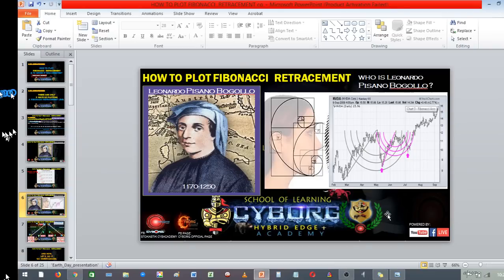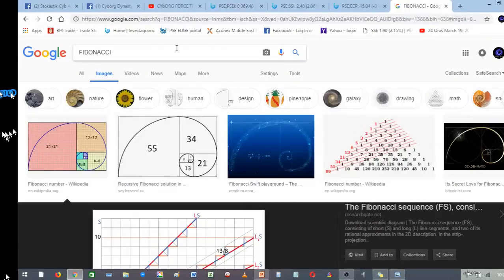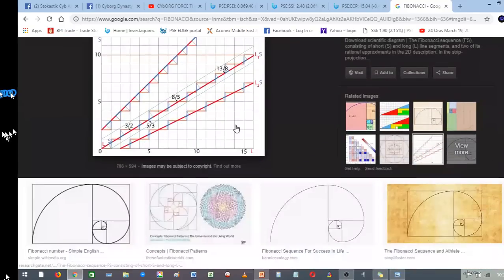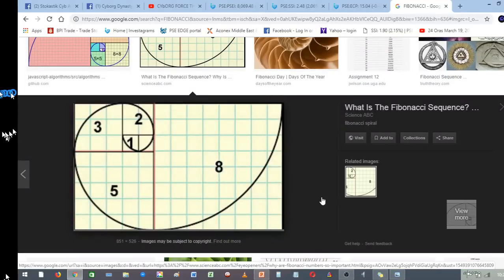For example, the face has proportions: proportionate to the head, the nose, the ears, the jaw. If you go to Google, you can type Fibonacci, and you will see that Fibonacci is a proportion in every corner of the world.